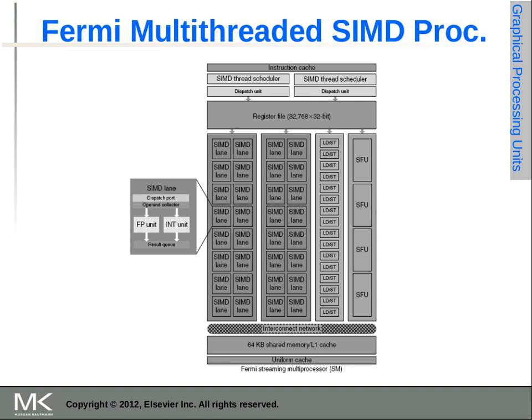So what is this? 1, 2, 3, 4, 5, 6, 7, 8. So that's 16, another 16. That's a SIMD lane. Notice that each lane, which is going to execute one of the threads we've talked about, has its dispatch where it can do a floating point or integer unit, and then its result queue. There are many of these, and nowadays there's even more. You can also load and store into each of these. I don't know what the SFU is in this one.